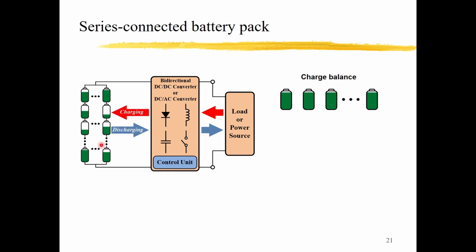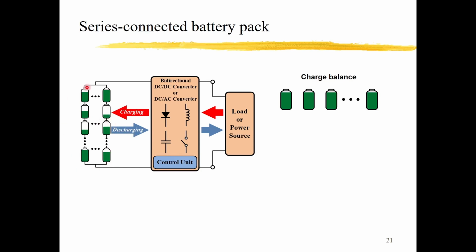And when we discharge the battery, you can see the cell here has a very low SOC. Again, we cannot over discharge the battery cell, so the discharge will be limited by this cell.